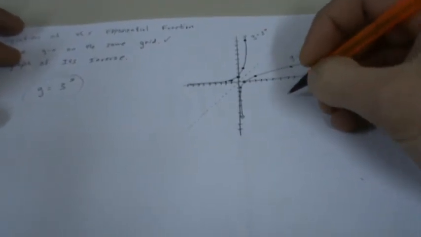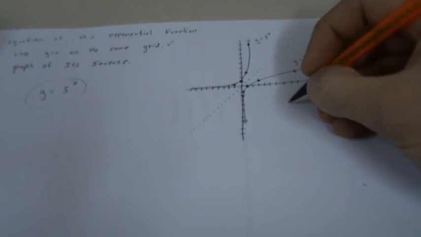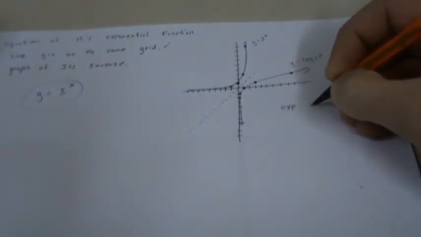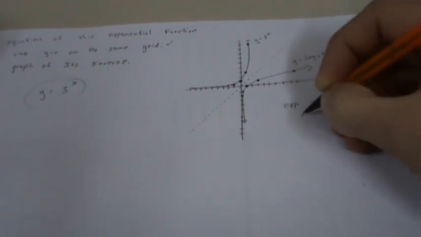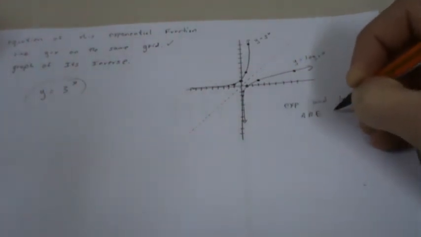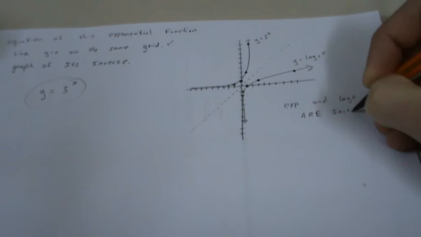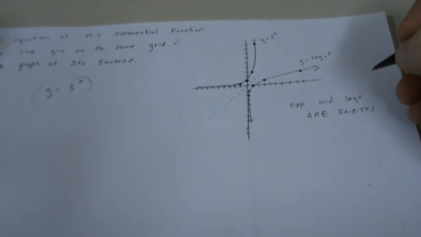And so these two things are inverses of one another. And so that brings us to our first point of this chapter, that exponents and logs are inverses. And we'll discuss that more in detail throughout the entire chapter.